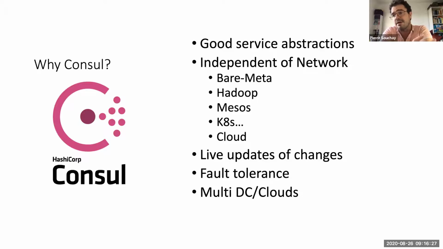So we had many ways of starting those applications, and Consul offered us a way to describe where those services were, so our service mesh could still work. It also offered a live update of all those changes, including health information.